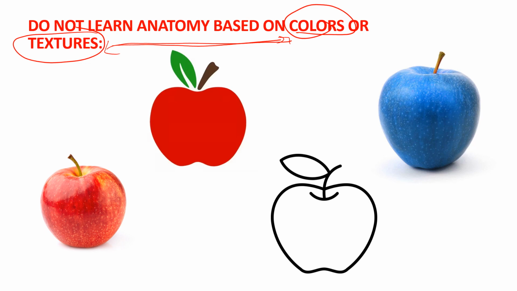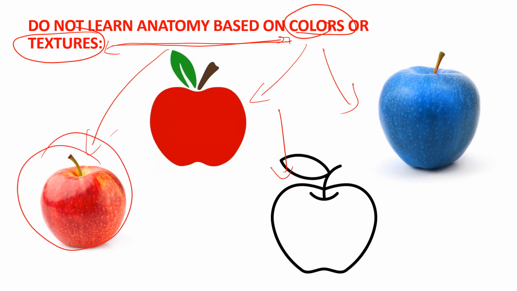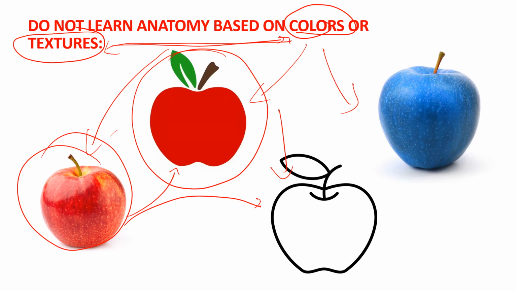Now, I put these apples here just because it doesn't matter how they look. You know that this is an apple, right? You know that this is the real apple. But if somebody makes a sketch, or if I show you this in an exam and ask you what fruit this is, you will know that it's an apple.